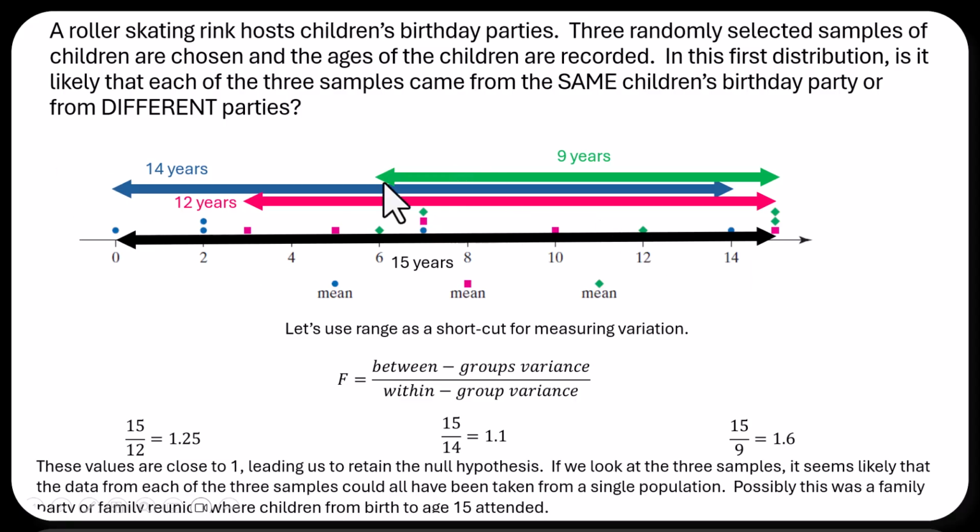So again, because there's so much overlap and because the variation within each group is not very different from the range among the groups, because they are close in value, then we don't have sufficient evidence to suggest that at least one of these samples is different. So we have to assume that they came from the same population, or we don't have enough evidence to support the argument that at least one of them is different.